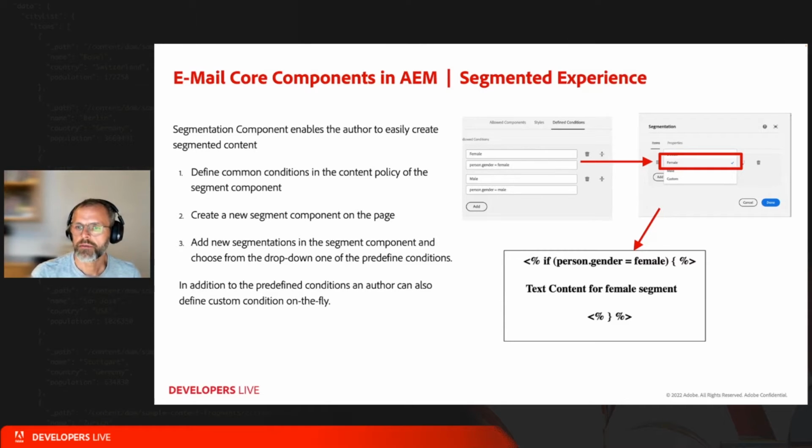An author can also define a custom condition on the fly. So it doesn't need to be a predefined condition. It is a very flexible approach to create special segments.